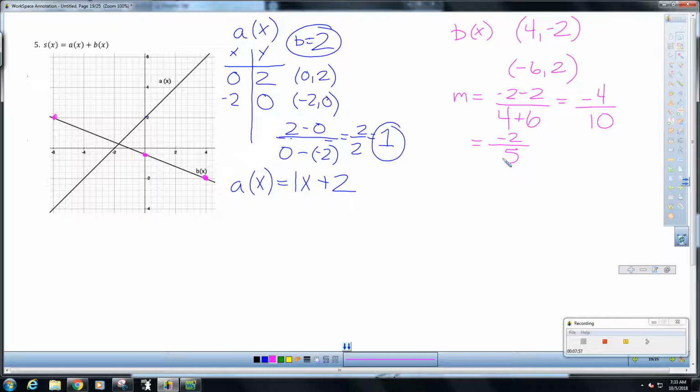Okay? So now let's use this point slope idea. Let's use this point and that slope. So y minus a negative 2 equals negative 2/5 times x minus 4.